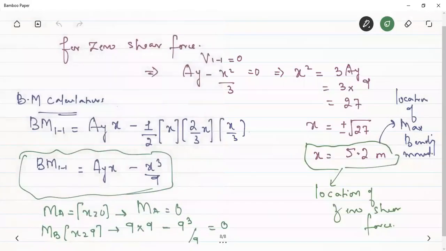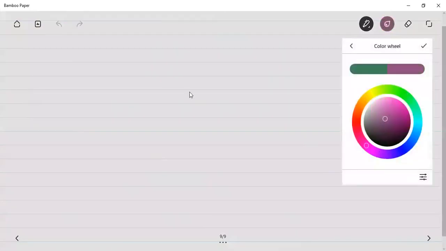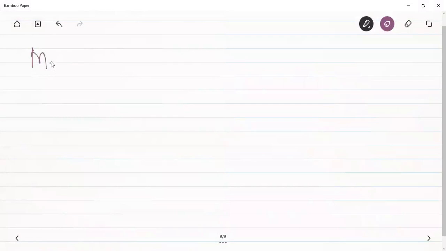But we are interested in finding the maximum value of the bending moment. For that we have to put x equal to 5.2 meters, because this is the location of zero shear force.